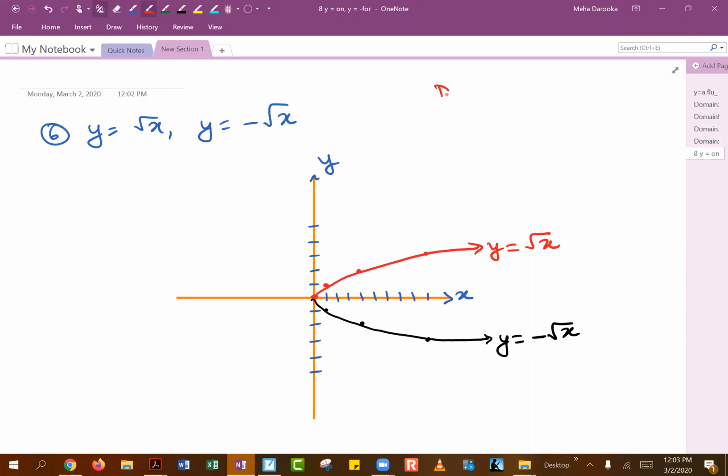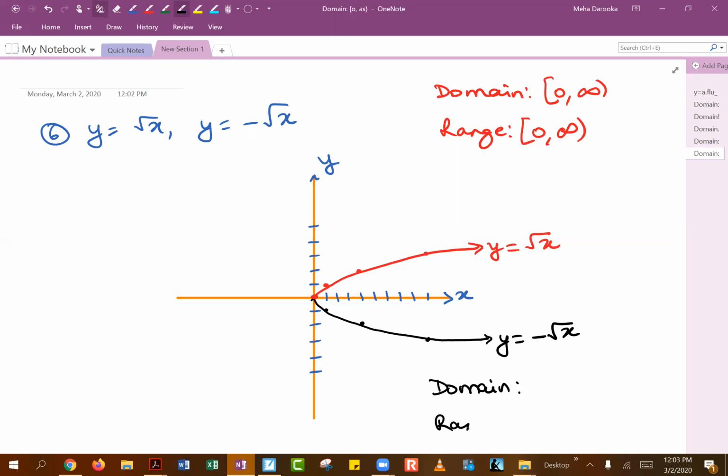Okay, so we just did the original function, so the domain for that was 0 to infinity. Range was also 0 to infinity. How will that change for our negative square root of x? Your domain stays the same, very good, 0 to infinity. And then your range is going to be 0 to negative infinity.